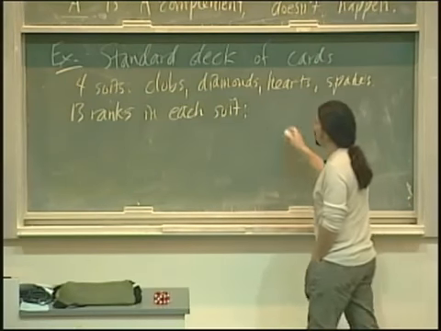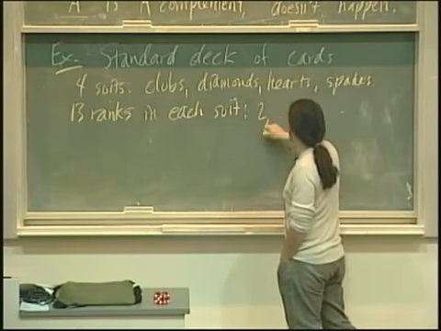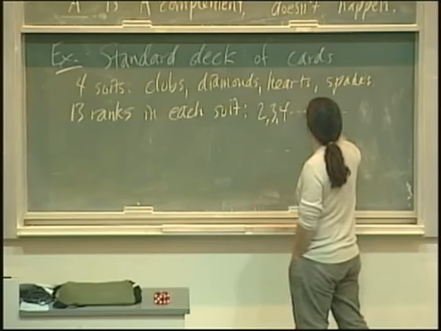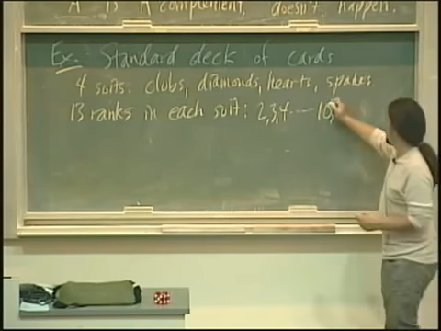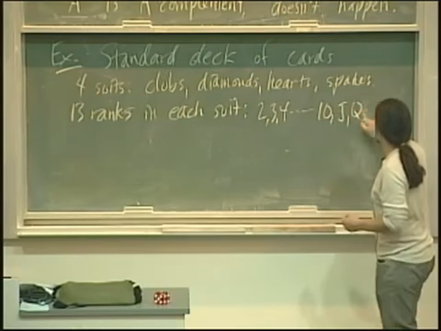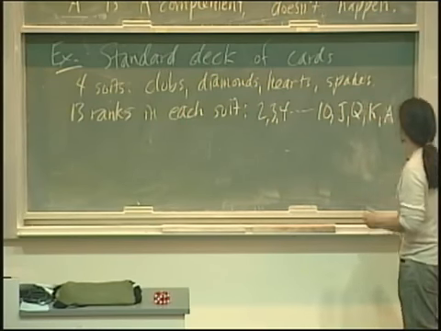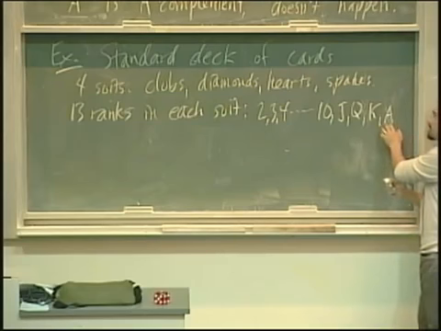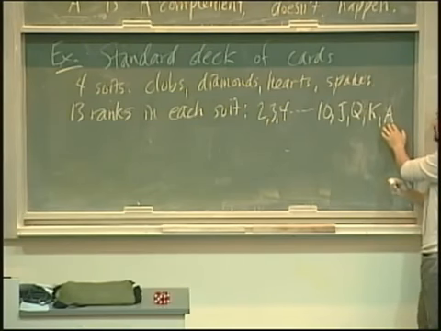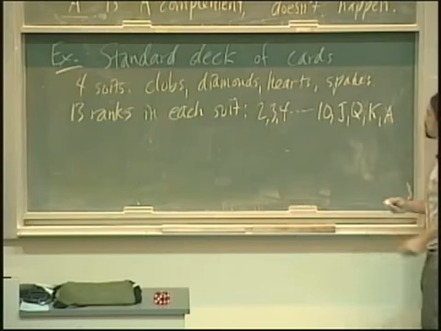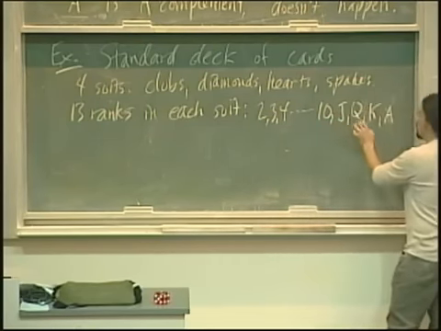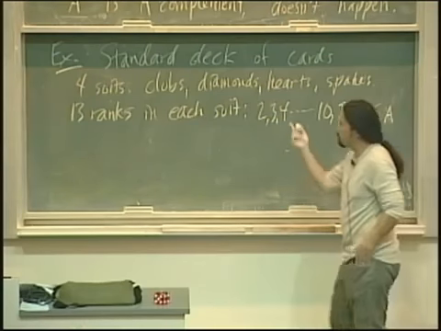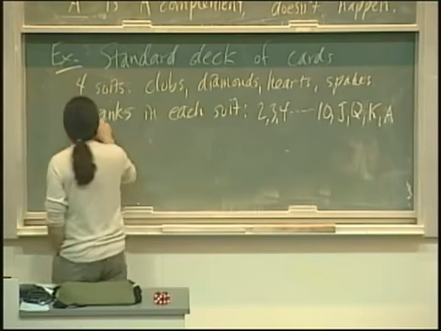And the usual way to think about them is starting from 2, 3, 4, up to 10. So those cards all have numbered ranks, and then jacks, queens, kings, and aces. Some games will treat aces as ones, but for most games, it's the highest ranked card. So usually it's presented this way. 9 of these numbered cards, and then jack, queen, king, ace gives you a total of 13. So 4 times 13 is 52 total cards.